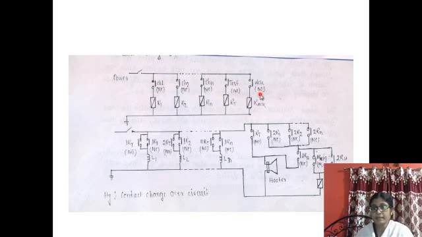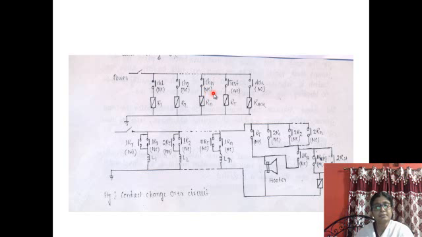These two are NO type. NO type and NC type: NC means normally closed type, NO means normally open type. Normally open type and normally closed type, all these correspond to particular relays. So relay contacts are of two types, NC type or NO type.